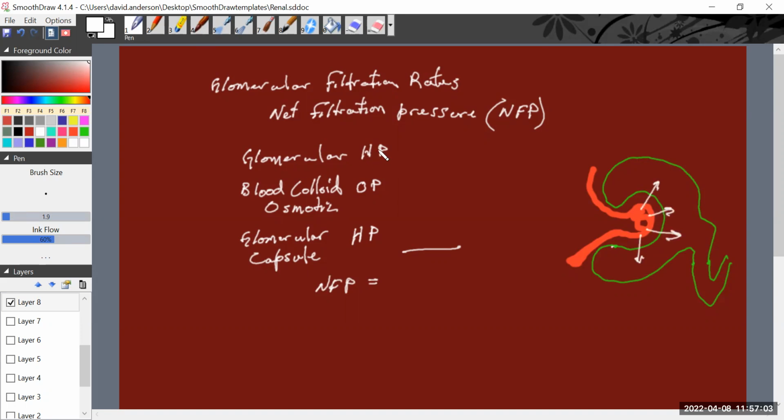Okay, so our glomerular hydrostatic pressure, to put numbers to it, and these numbers are accurate, but they're not important to memorize. Like I've told you many times, you want to get the concept. So we have to appreciate that we want the glomerular hydrostatic pressure to be more or less than the other two pressures in order to get filtration.